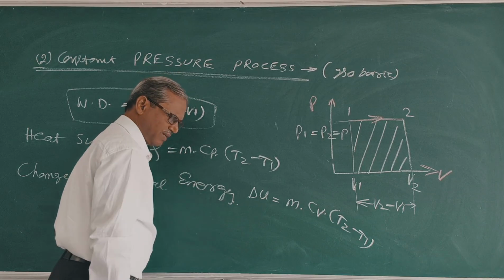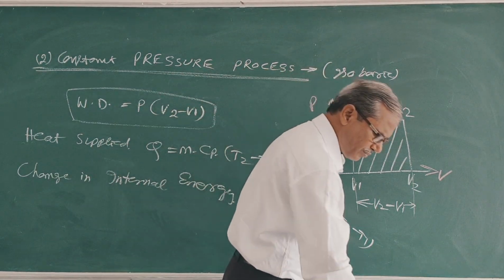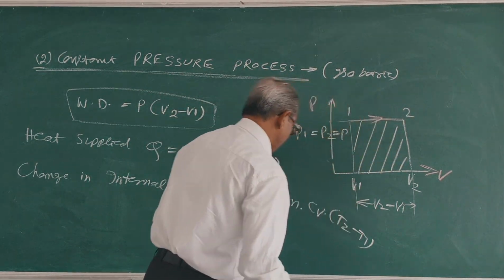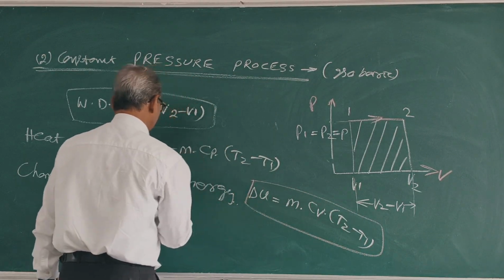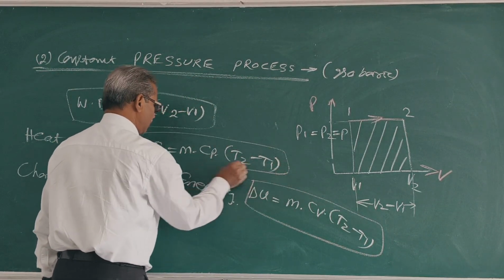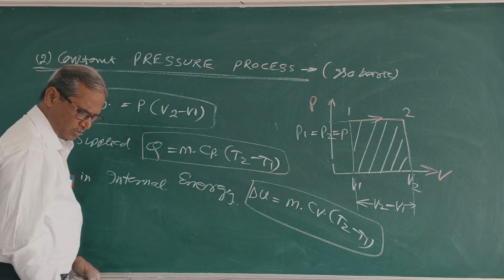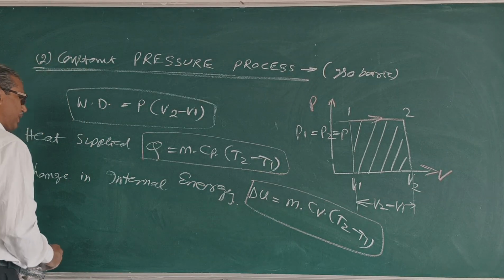Clear? This is delta U. This is Q. This is work done. What is change in enthalpy?